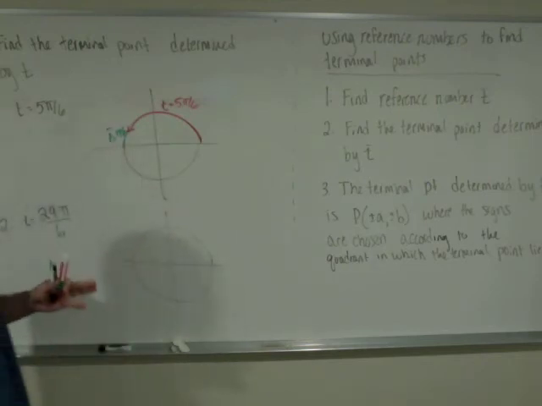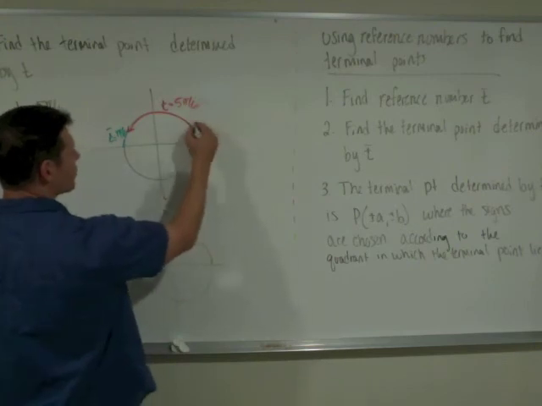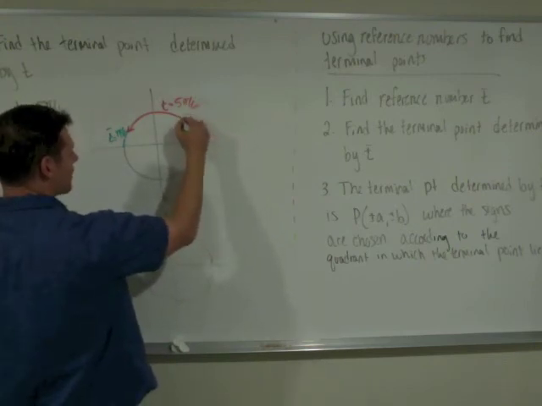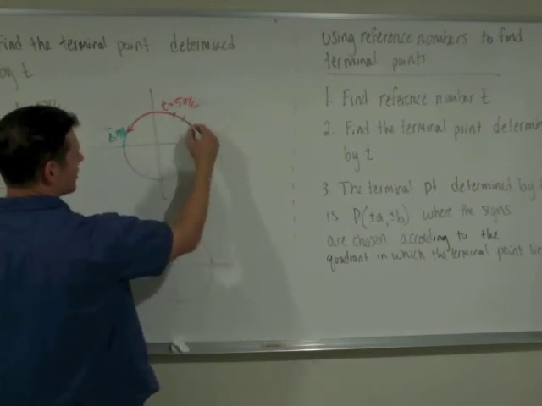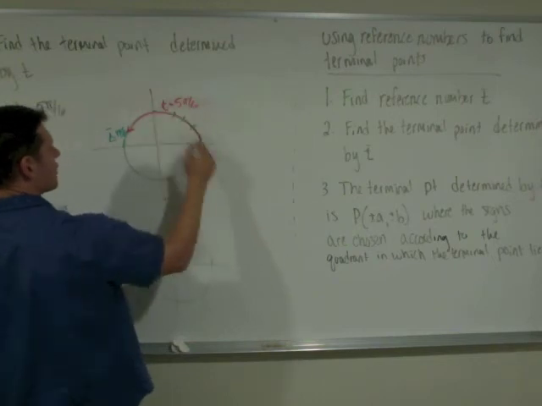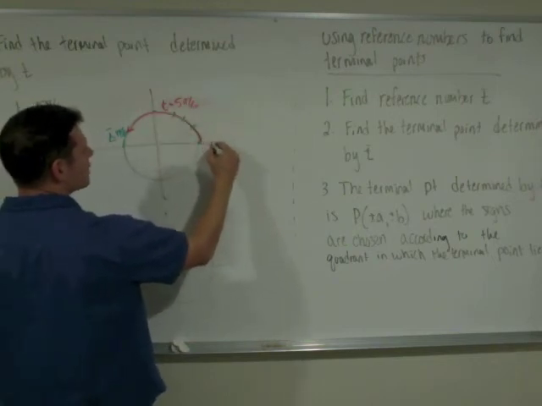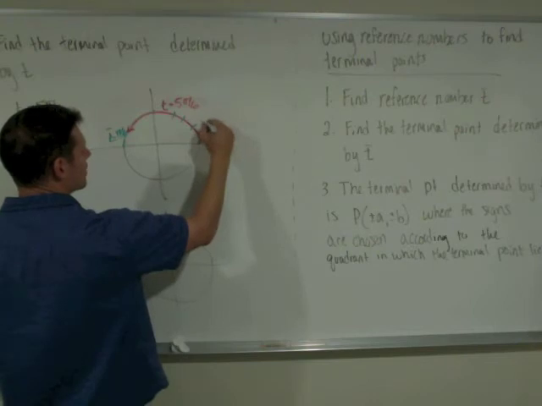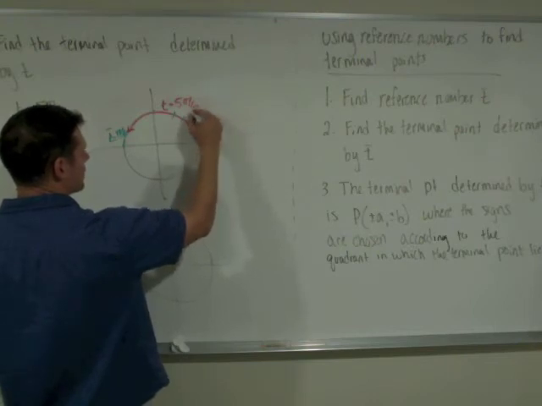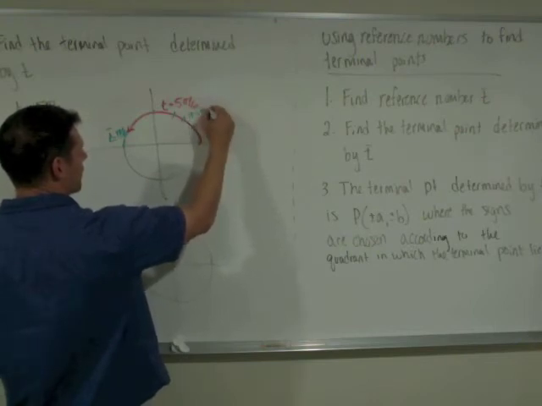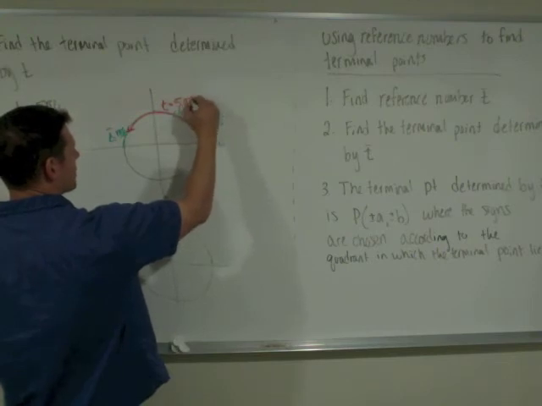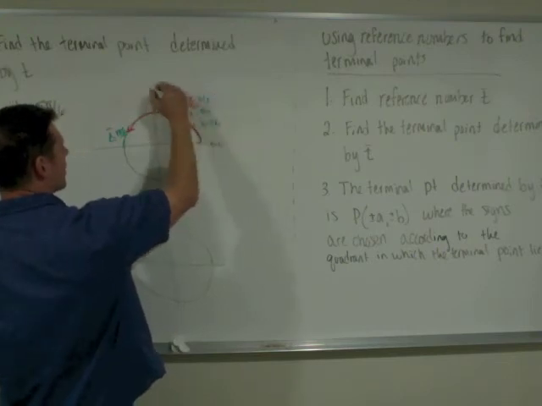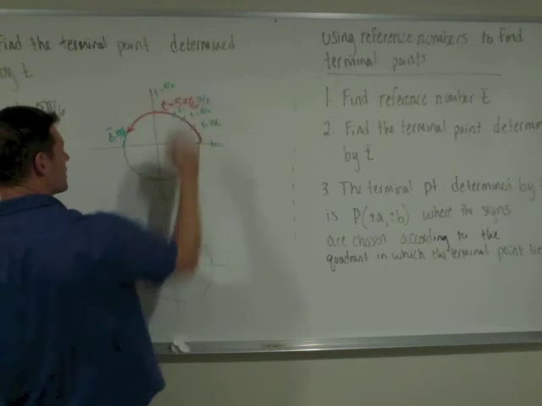Well, we've memorized our unit circle in such a way that we know the special values here, here, here, here, and here. The terminal points according to t equals 0, t equals pi over 6, t equals pi over 4, t equals pi over 3, and t equals pi over 2. These are very easy to remember.